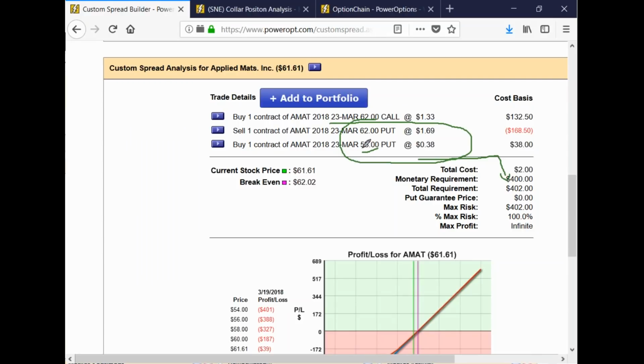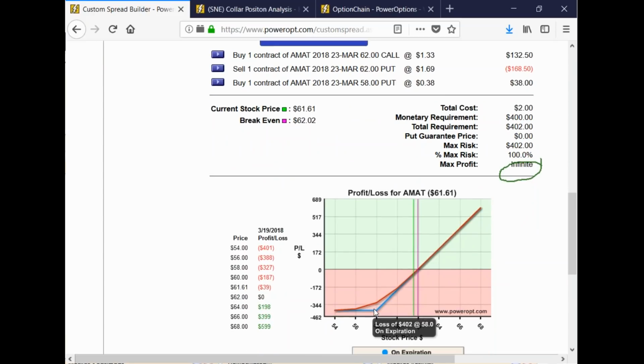Because if the stock falls below 58 now, you have an obligation to buy shares of stock at 62. You can sell them at 58, but you've got to cover that $400 difference. The long call does not cover the margin requirement of your bull put credit spread. But that is a synthetic long call. It's a synthetic married put.